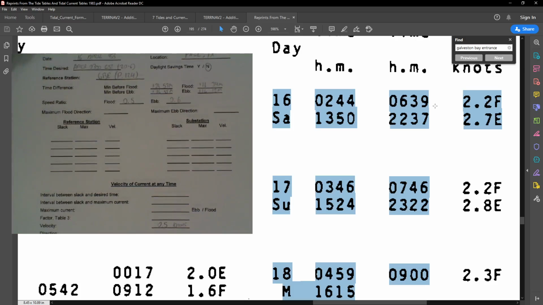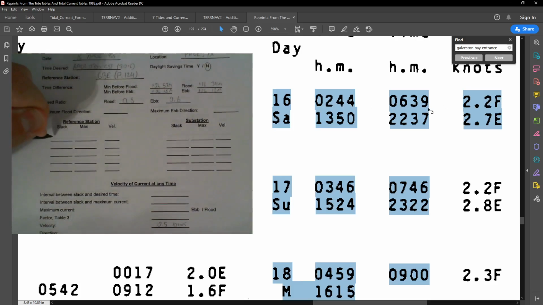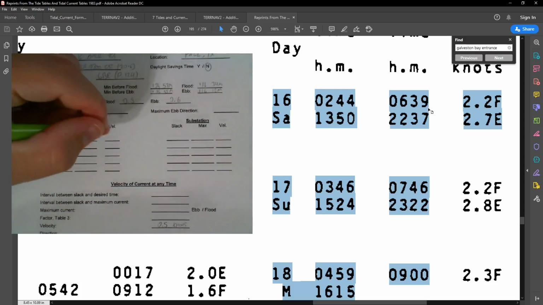Now we need to make sure after we add in the substation that it still works, but we're taking an estimated guess right now that these are the two times we're trying to find. So let's write in 0244, 0639, with a velocity of 2.2 F.